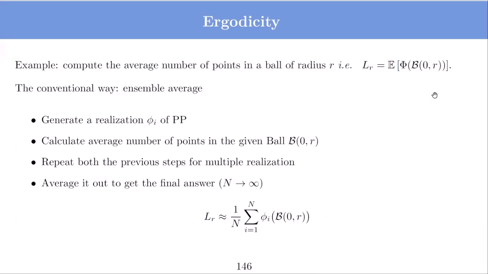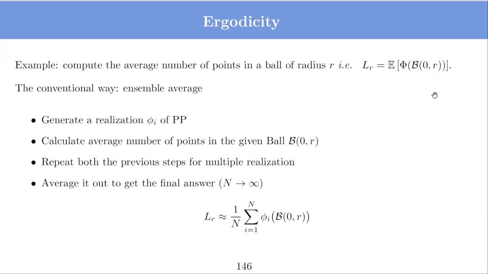Suppose there is a stationary point process and we want to compute the average number of points in a ball of radius r. Let's call L(r) equal to the expected value of phi(B_0(r)). B_0(r) is a ball of radius r at the origin. The phi(B_0) is the number of points in this ball, and the expected value will give me the average number of points in this ball. So the conventional way is the ensemble average.